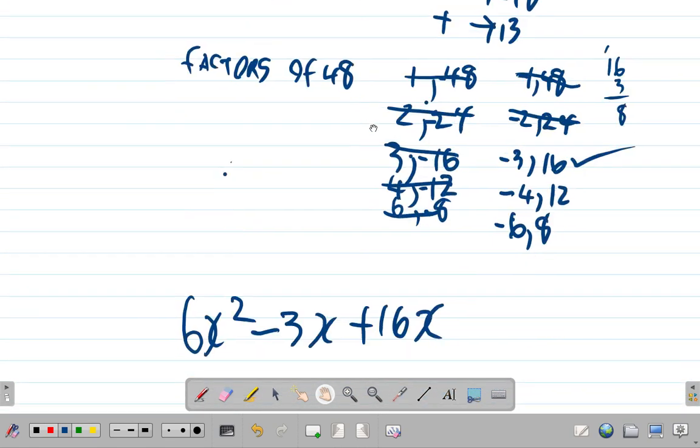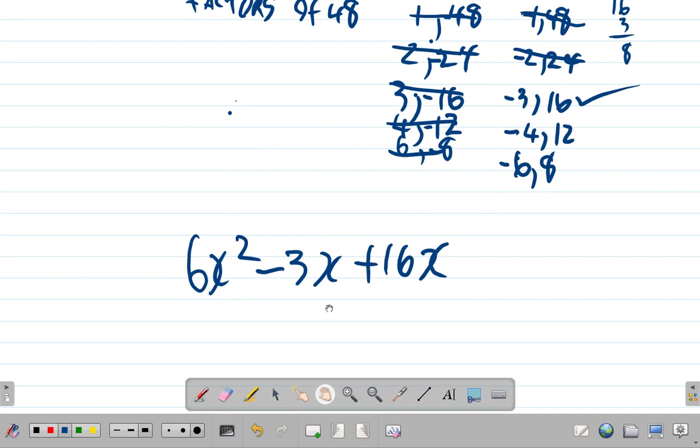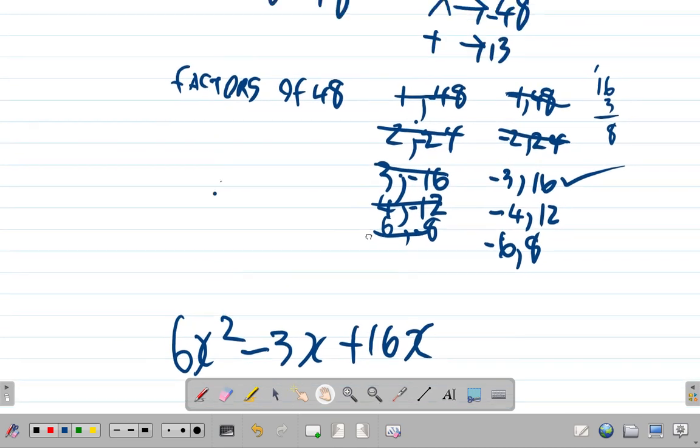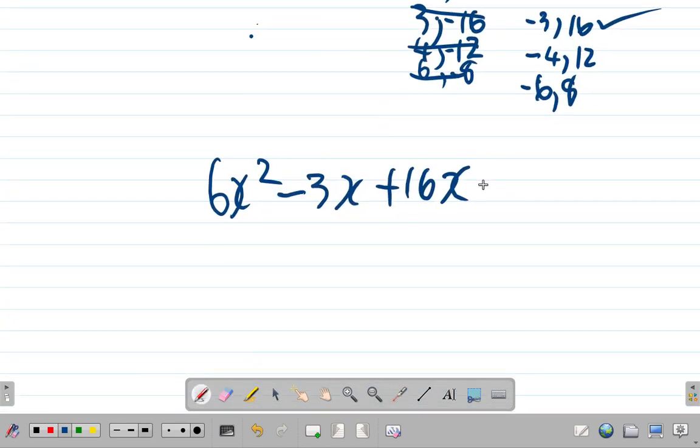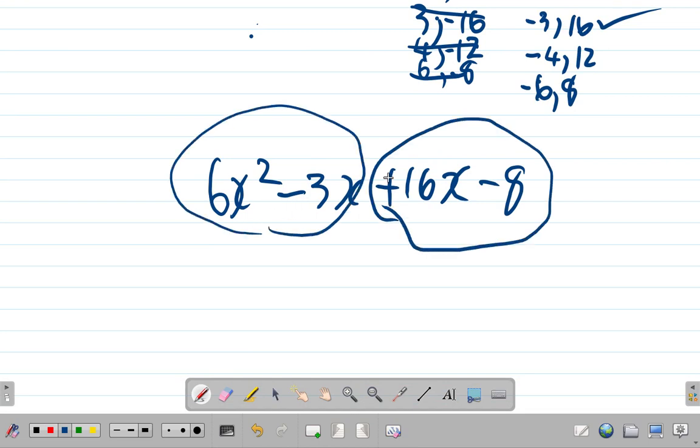Or you could write it as 16x plus negative 3x, however you want to put it. And then at the end, which number do we have now? Negative 8. So here now, I'm going to factorize this and then factorize this. You see?